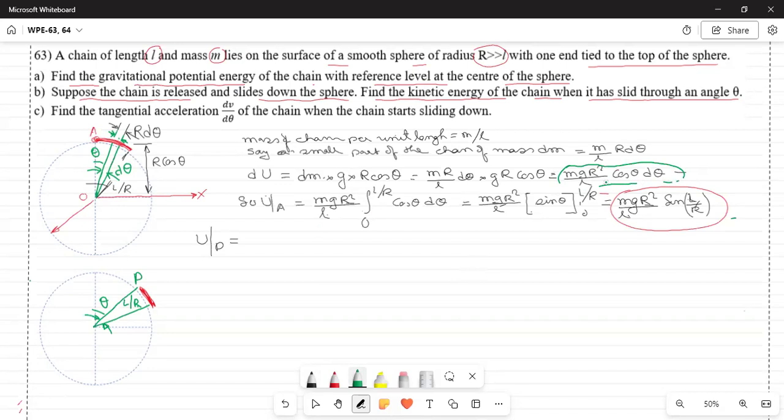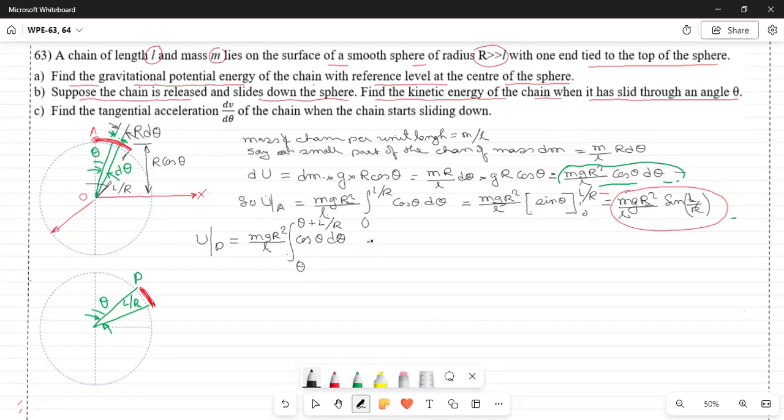Now we shall integrate the same dU, that means differential potential energy, with a limit of theta to theta plus L by R. So this potential energy will be equal to the same equation, mg r square by L, cos theta d theta, integrated from the limit of theta to theta plus L by R. Look, we are doing the same integration, but only with a different limit.